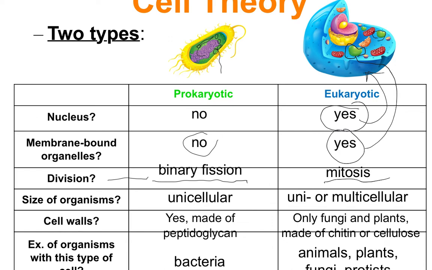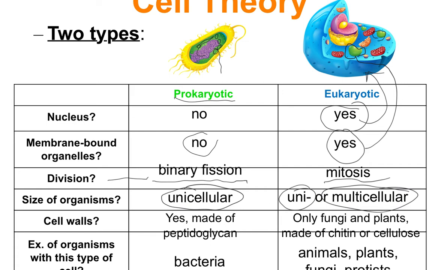When we organize our systems here, prokaryotes usually just live alone. Most of these are unicellular, but eukaryotes can be unicellular or multicellular. We can have organisms that are a single cell big that are eukaryotic. They have a nucleus that contains their DNA.